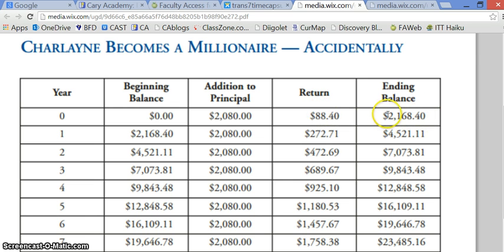Her ending balance is the sum of her beginning balance, which was 0, the addition to principal, which is the amount she puts into the bank each year, plus the return, which is the dollar amount of the interest that the bank paid her to leave the money. So all 3 of those get added up for the ending balance for that year.